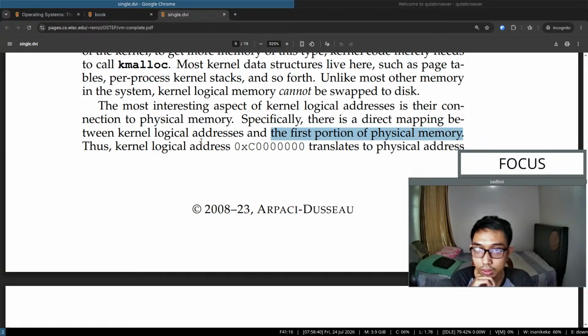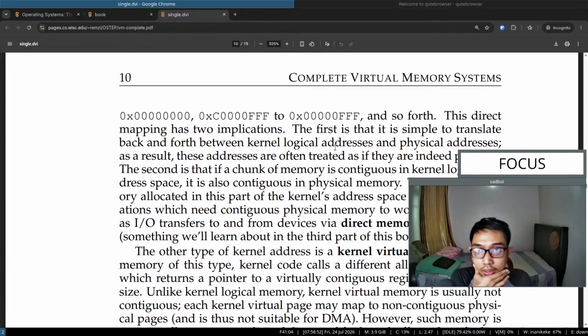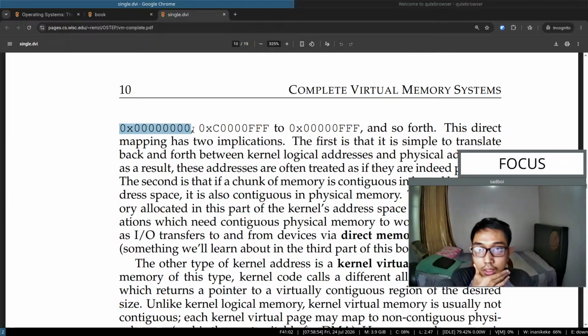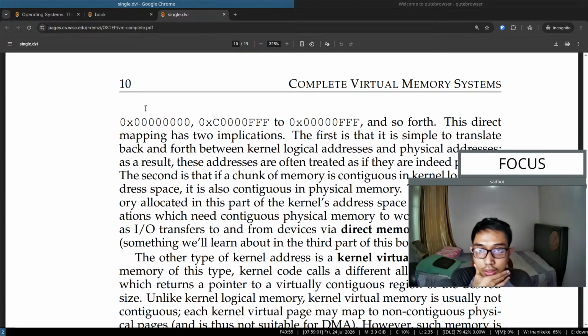Thus, kernel logical address this one translates to physical address this one, and so forth.